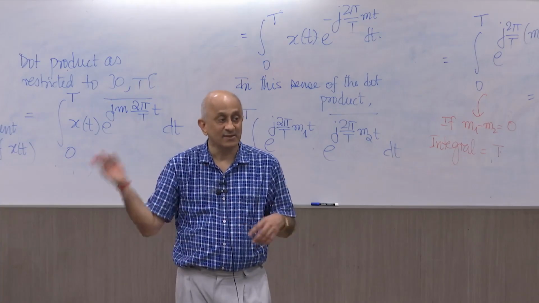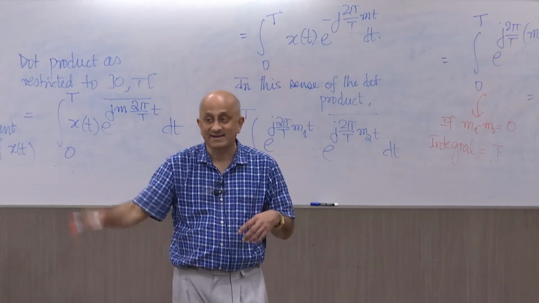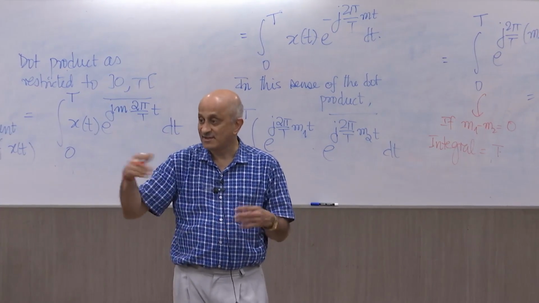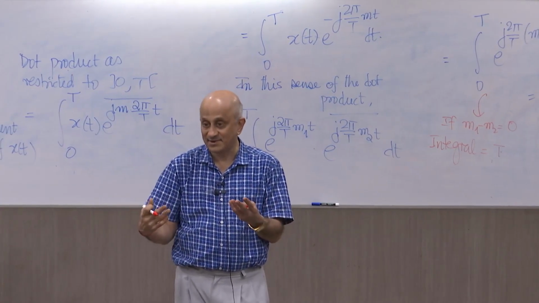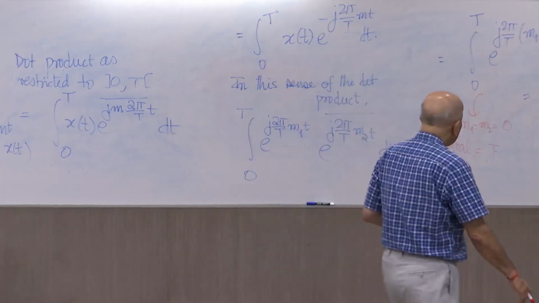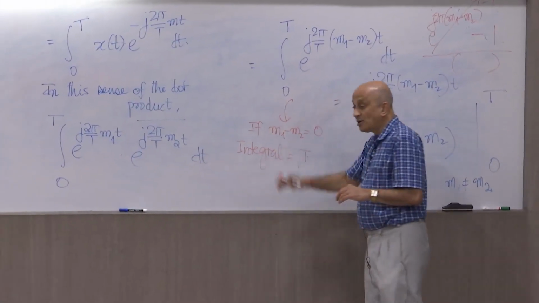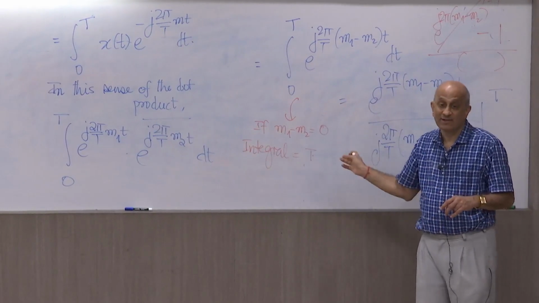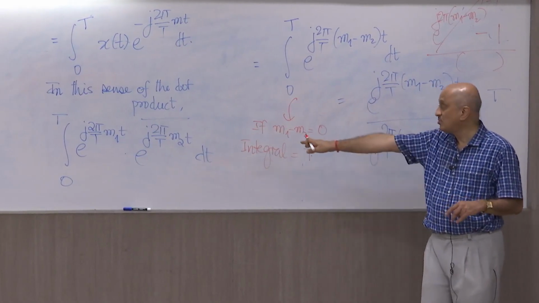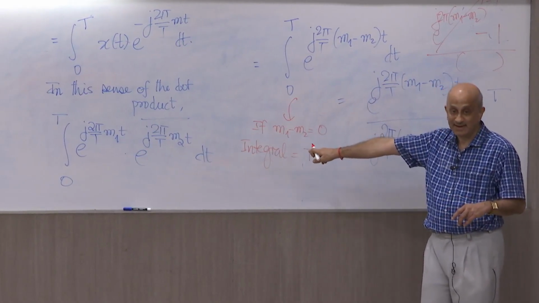And the rotation of a phasor on an integral number of cycles brings you back to the same point. So therefore the difference is 0. Is that right? So what it means is that the dot product is 0 when m1 is not equal to m2, but it's non-zero only when m1 equals m2, right?